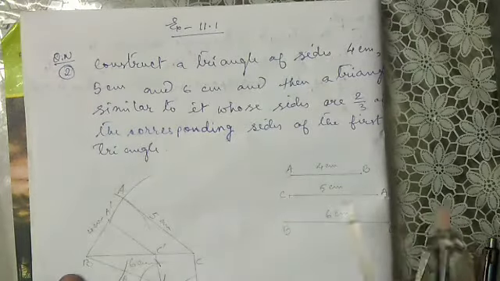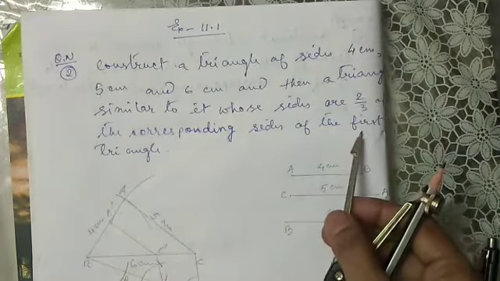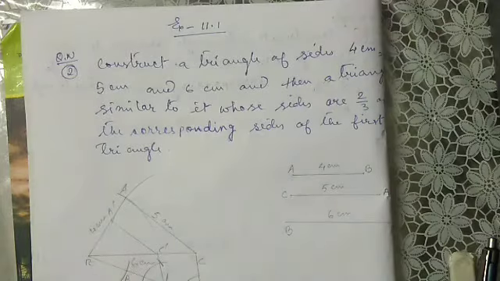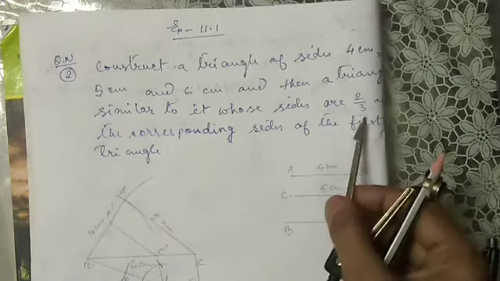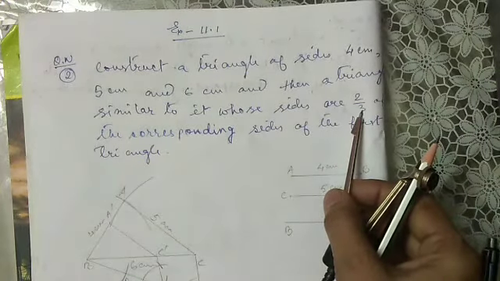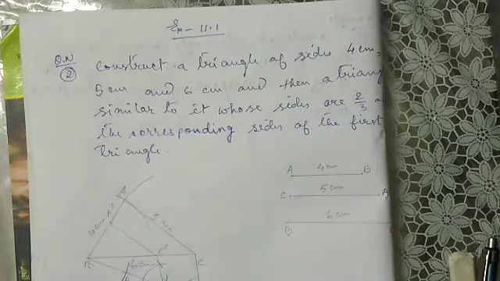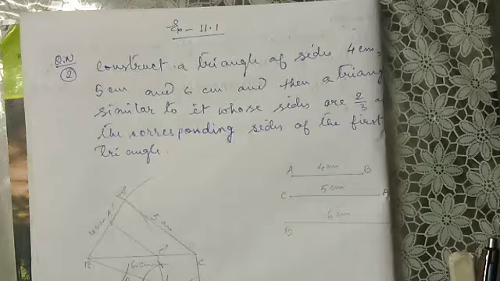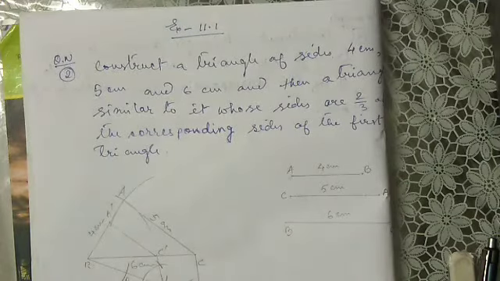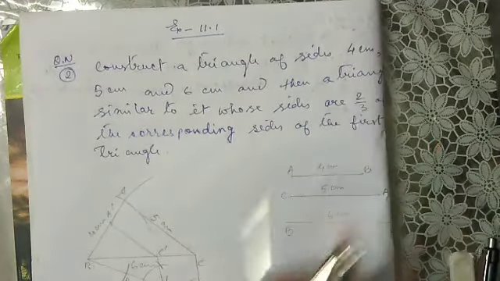Then following the same procedure for the 2 by 3 part, I have to make the triangle. So BX is drawn. The BX ray is divided into 3 equal parts, as there is 3. So I have taken 3 points, B1, B2 and B3. The last point B3 is joined with C, and 2 parts have to be taken.